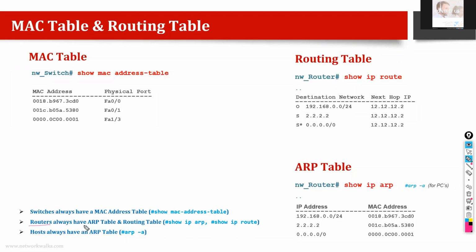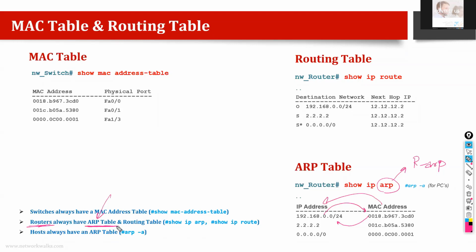Routers always have an ARP table. ARP is Address Resolution Protocol, which resolves IP addresses into MAC, or you can say MAC into IP. There is also RARP, reverse ARP, which converts MAC back into IP.